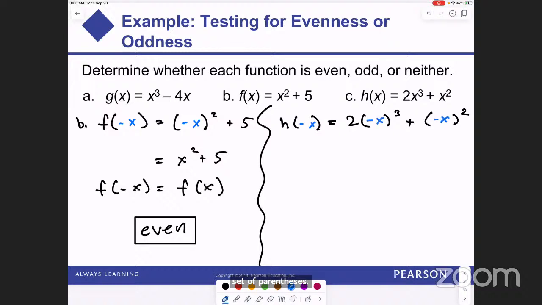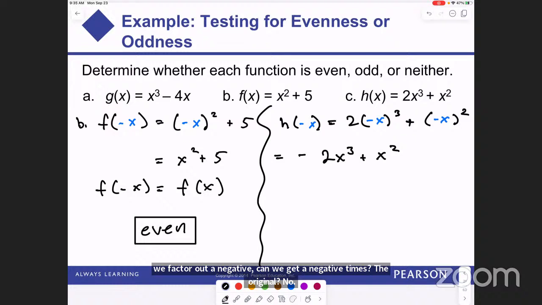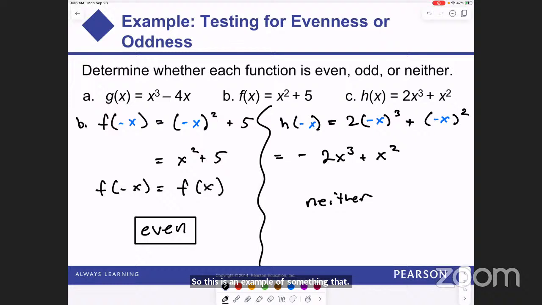Okay, and then we're going to simplify. So the first term, we have an odd number of negatives. We get this guy. Second term, even number of negatives. We get this guy. Is this the original? No. If we factor out a negative, can we get a negative times the original? No. So this is an example of something that is neither even nor odd.